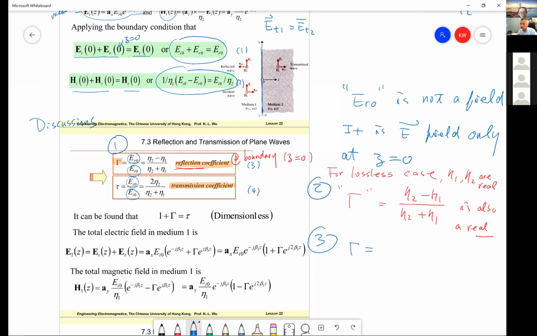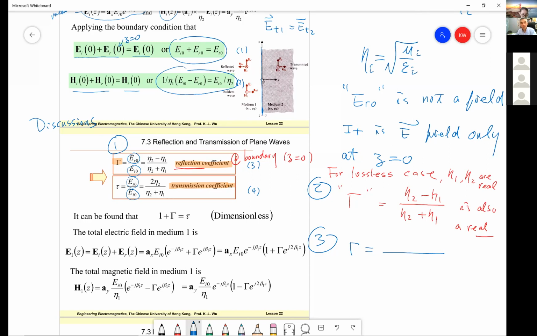However, this formula to calculate the reflection coefficient is very easy to remember, since it only relates to the intrinsic wave impedance, eta. In the lossless case, eta is the square root of mu over epsilon, or if you have a different medium, similar.